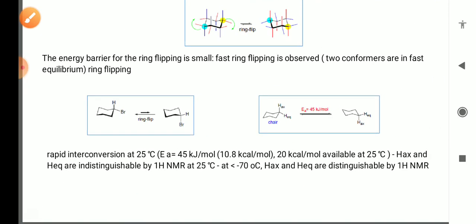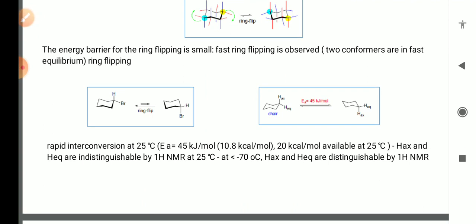So rapid interconversion at 25 degrees centigrade, because 25 degrees centigrade is room temperature. The 45 kilojoule per mole, or in kilocalories, is 10.8 kilocalorie per mole.